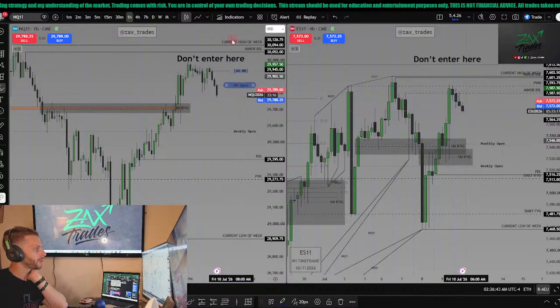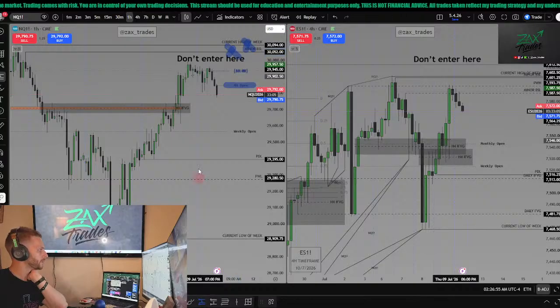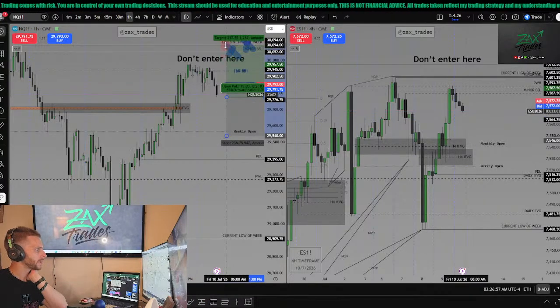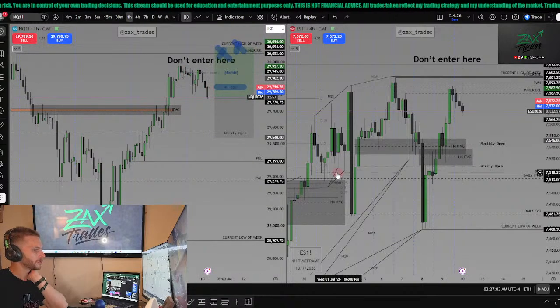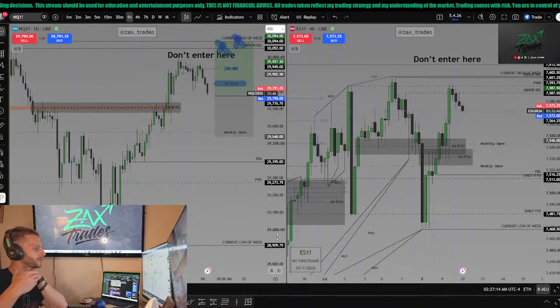If I'm bullish biased, and say I want these two draws on liquidity to get taken during this session, and I want to look for a trade into these highs, I want to use the 4 hour candle, which we just started 27 minutes ago, and how it's forming to help me see that not only am I trading in the right direction, but also that the market is gearing up to expand.